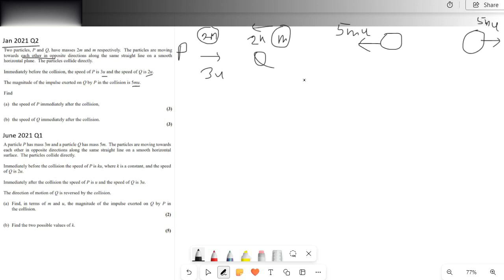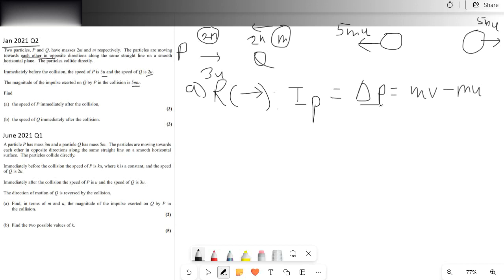Therefore, we can use the theory of impulses by resolving to the right. For part A, for IP, we can say that delta P is equal to mv minus mu, the change in momentum represented by delta P. Because we're resolving to the right, this impulse being left will become negative.